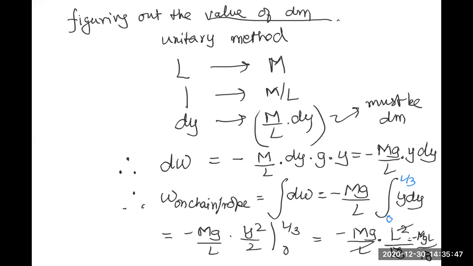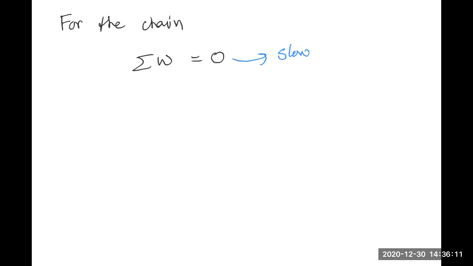I will change the slide now. Complete the question. For the chain, summation of work done must be equal to 0. Why should it be 0? Slow process. In a slow process it is guaranteed that kinetic energy does not change.